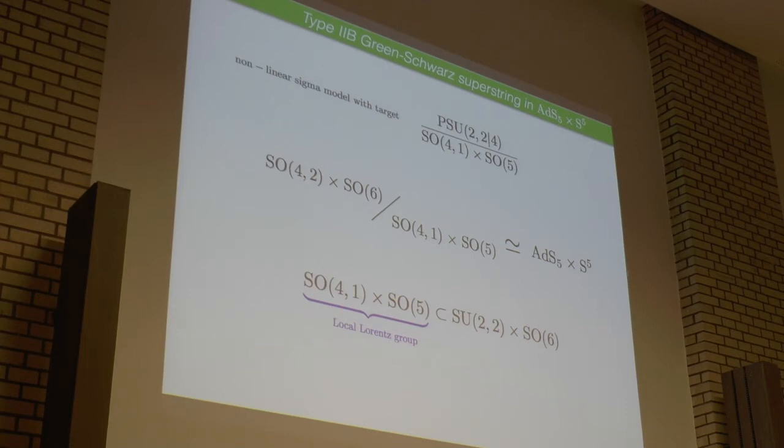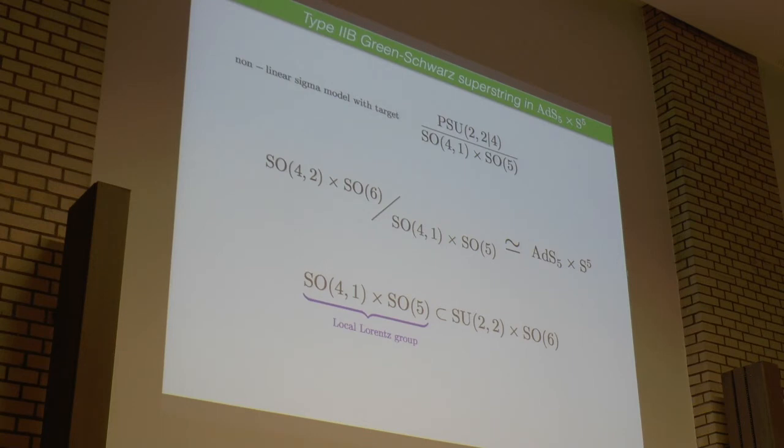And so what people consider is a model to describe strings propagating in AdS5 cross S5, where they take as a target space in which the string propagates the supercoset, where in the numerator you see the PSU(2,2|4) superconformal group, and you put in the denominator of the coset precisely the bosonic subgroup SO(4,1) cross SO(5).